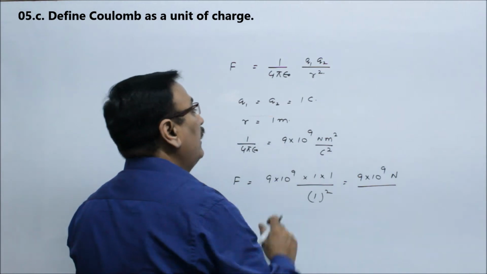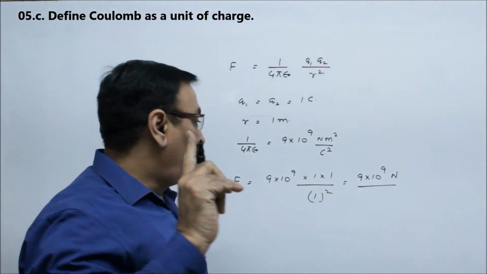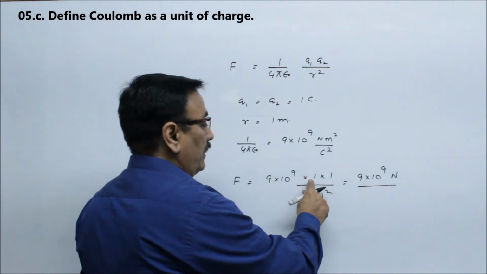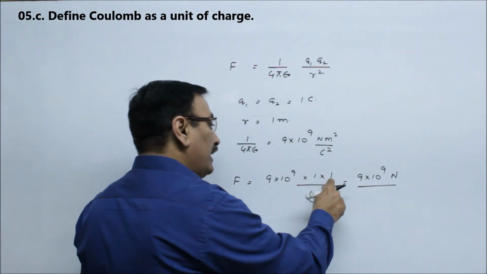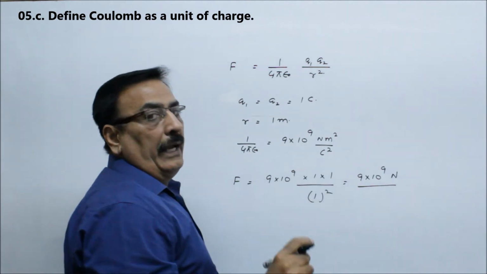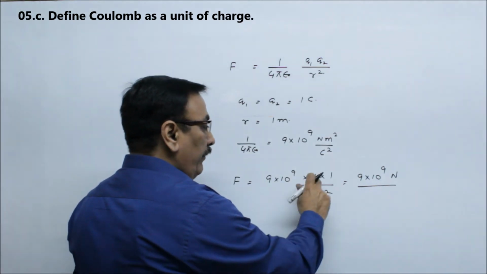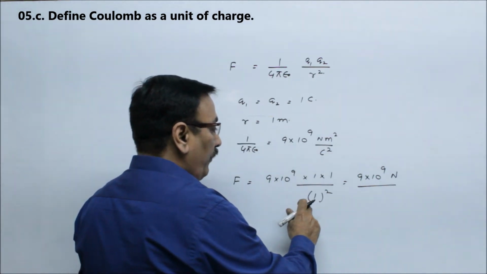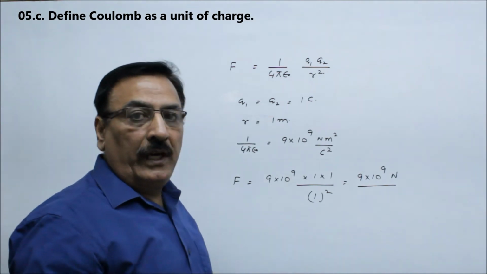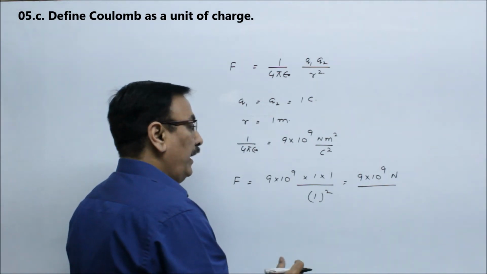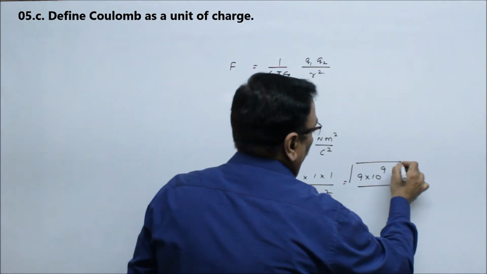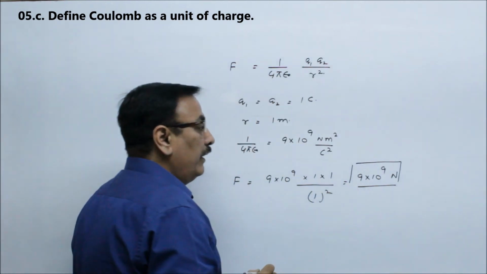So we can say 1 coulomb is such a unit of charge which, when placed at a distance of 1 meter from an identical charge in vacuum, exerts a force on each other equal to 9 into 10 raised to the power 9 newton.